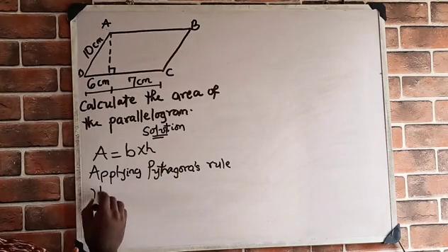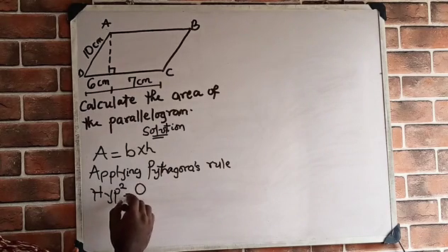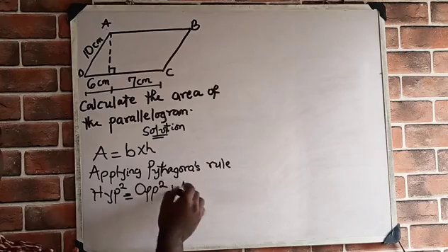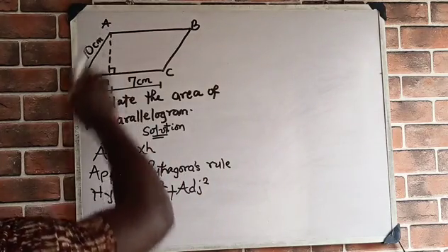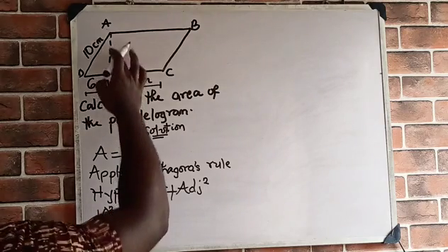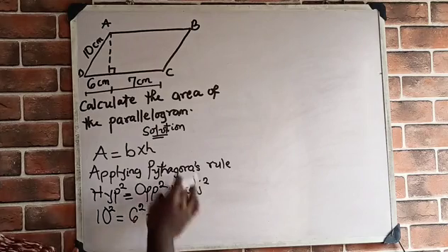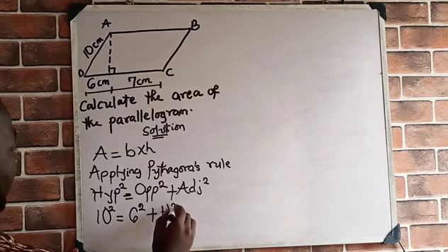We have that my hypotenuse squared is equal to the opposite squared plus the adjacent squared. Here my hypotenuse is the longest side, that's 10 squared, equals the opposite, which can be here or here, 6 squared, then plus the adjacent, which I choose to be here. That's the height of the figure, unknown.